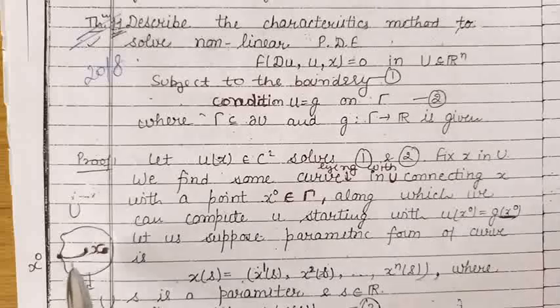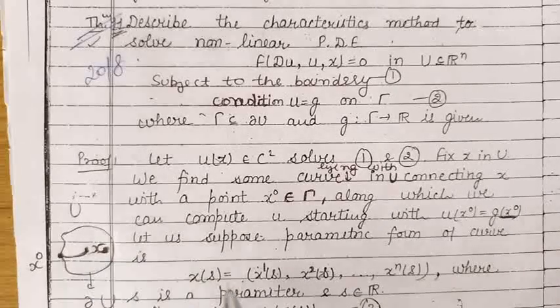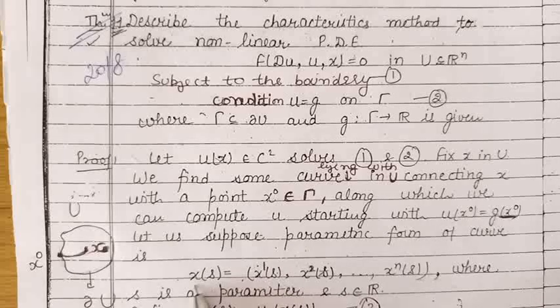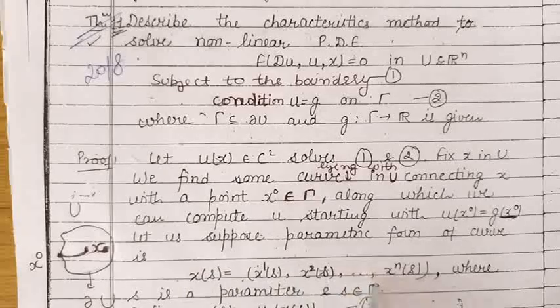Let us take the parametric form of this curve to be given by x, which is a function of parameter s. s is a real valued parameter. Now because x belongs to U and U is contained in R^n, the n-dimensional real Euclidean space, this x has n components.